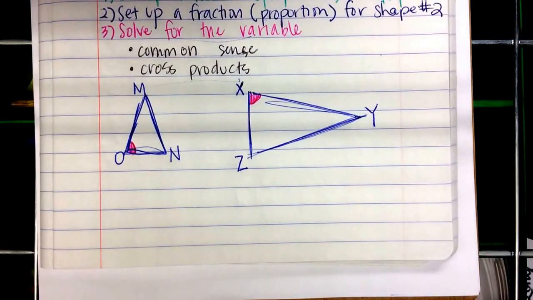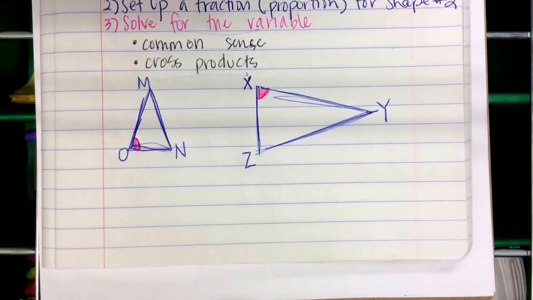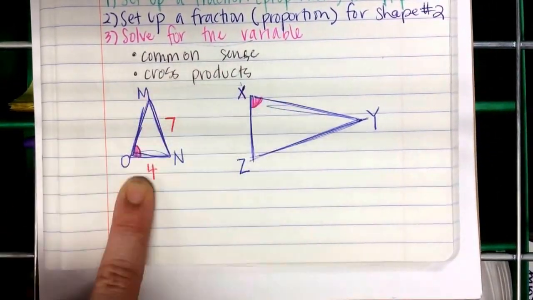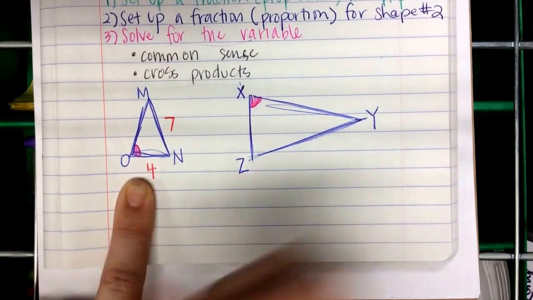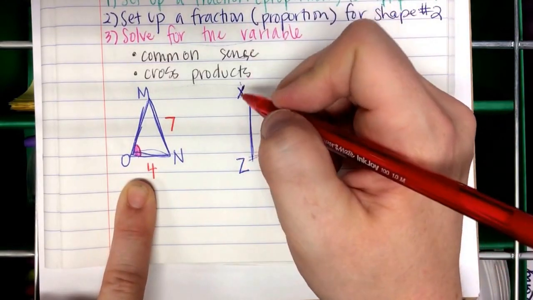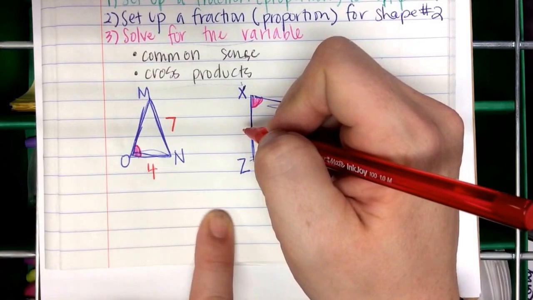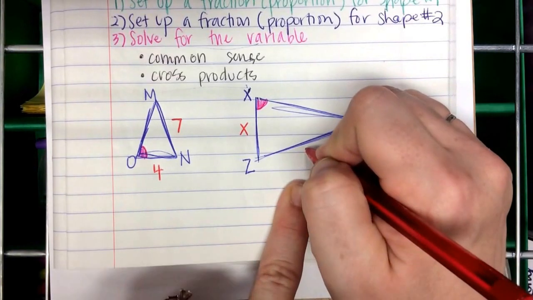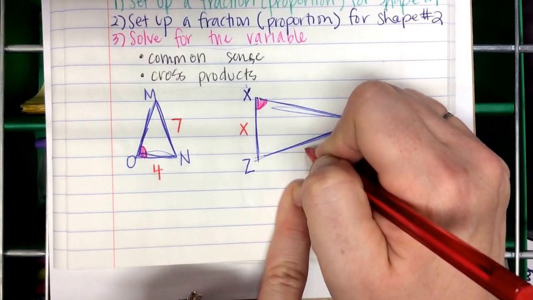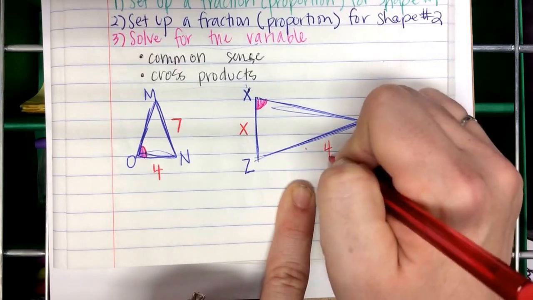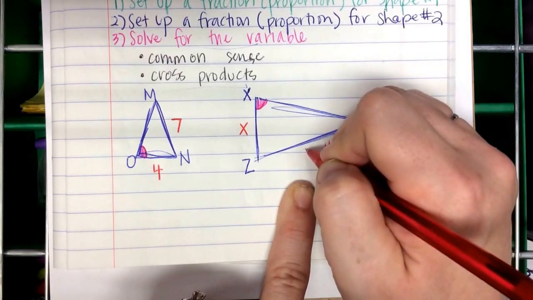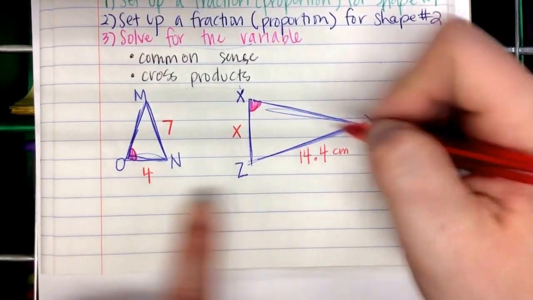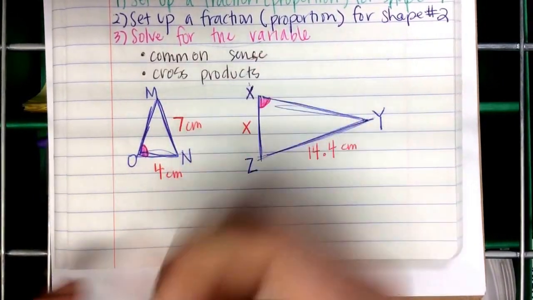All right, so let's solve this problem. This MN is 7 and ON is 4. This is X and this is 14.4 centimeters.